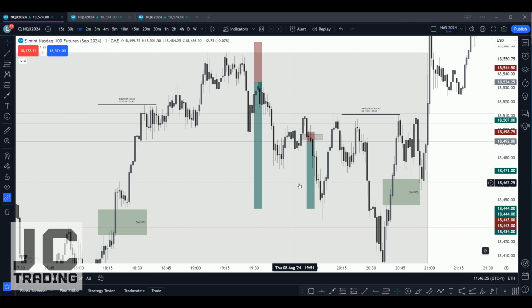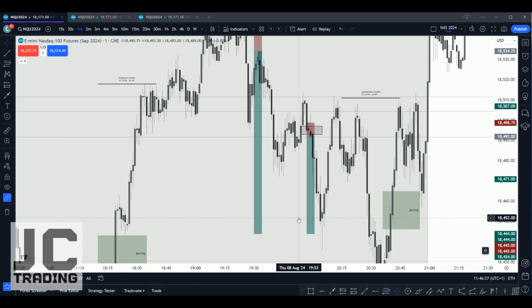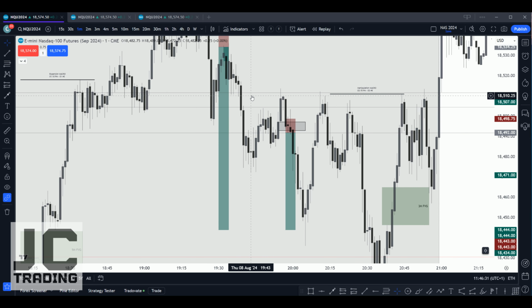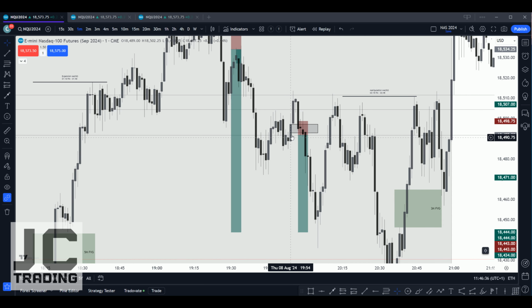In this instance, obviously it's a sell because we've swept above, so we're expecting a move to the downside. So that fair value gap that we've got a box around, we're waiting for a candle to close below that fair value gap, and it did just there. You can see the candle close is just a smidge below this fair value gap. So that is our entry.